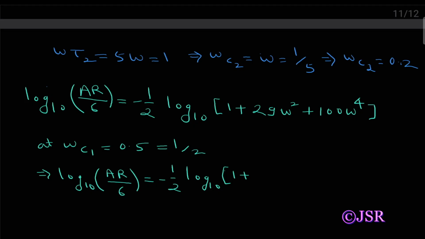This is 1 by 2. So this is 29 times 1 by 2 whole square plus 100 times 1 by 2 to the power 4.